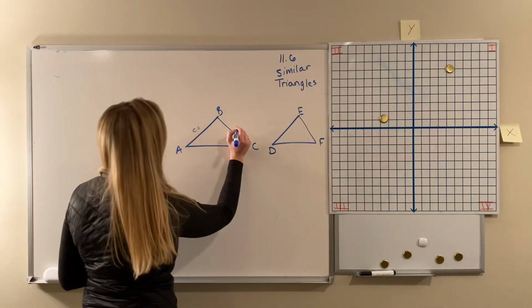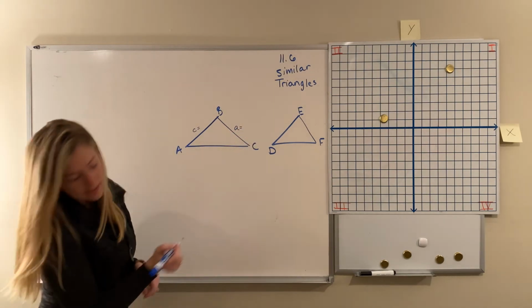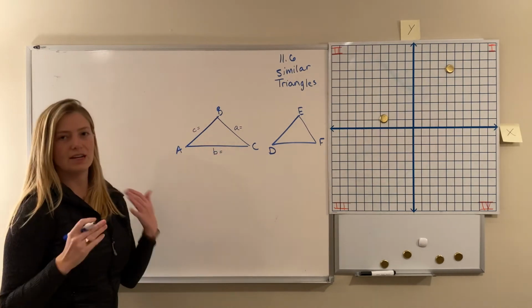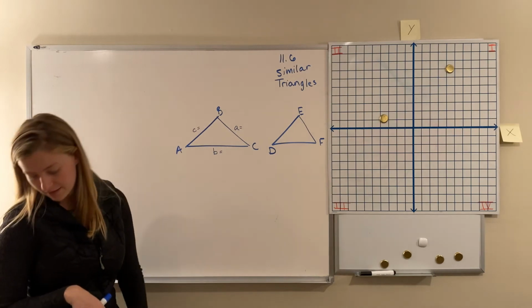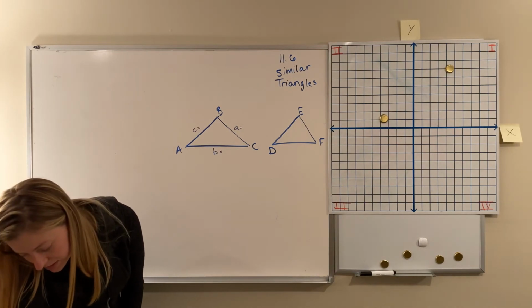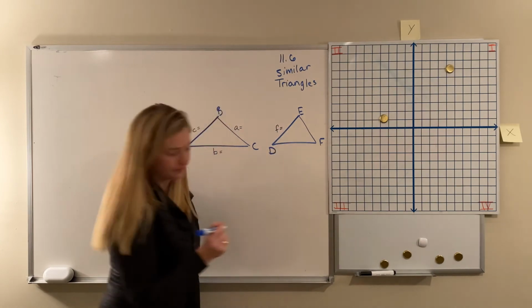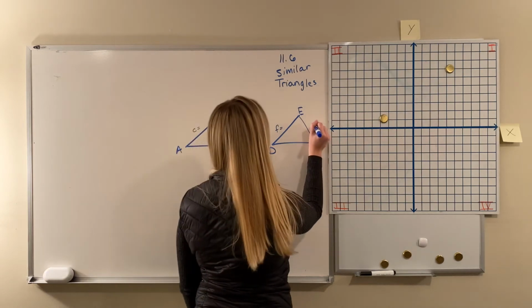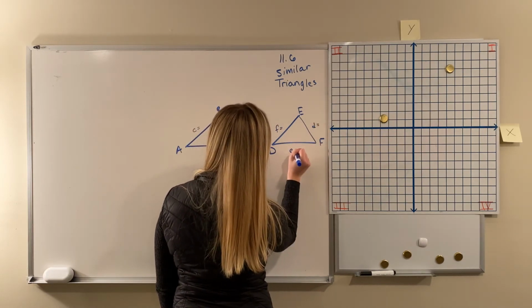BC has a lowercase a to represent its side length. And then AC has a lowercase b to represent its side length. And notice there isn't an actual side length given because each problem is going to change the side length. So then for DE, it's a lowercase f. EF is d. And then DF is e.